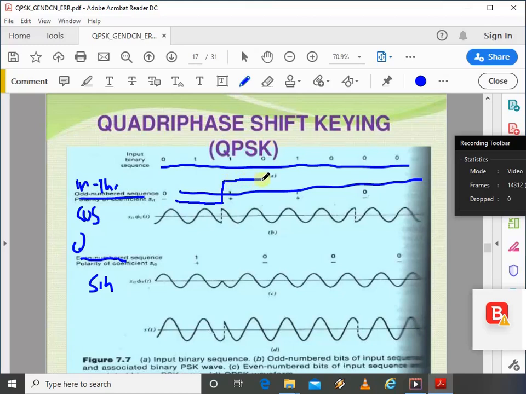The next bit is 1, and again the next bit is 1, each represented by a positive rectangular pulse. The last odd bit is 0, so it is represented by a rectangular pulse of negative amplitude. Let us assume the amplitude of the rectangular pulse is unity.